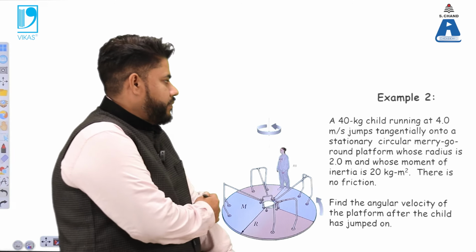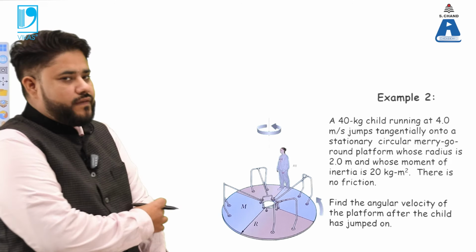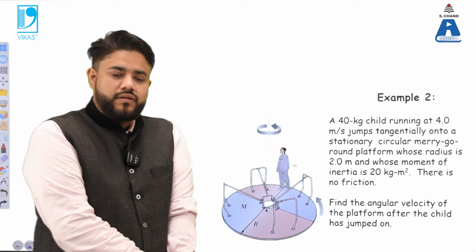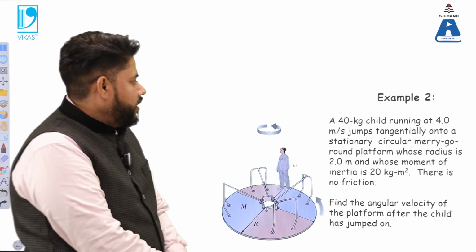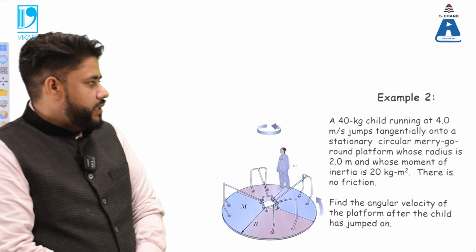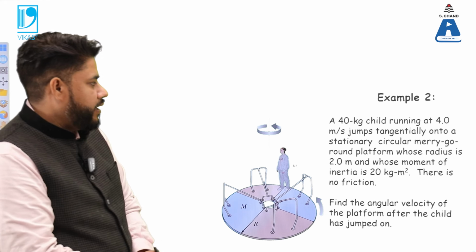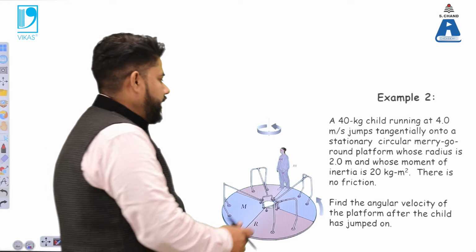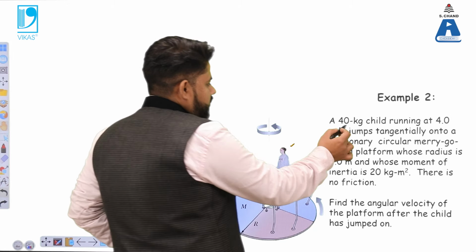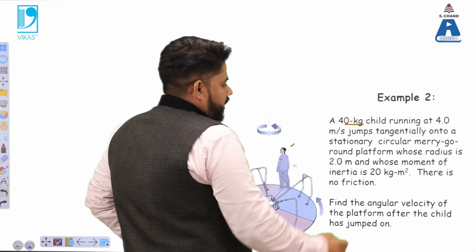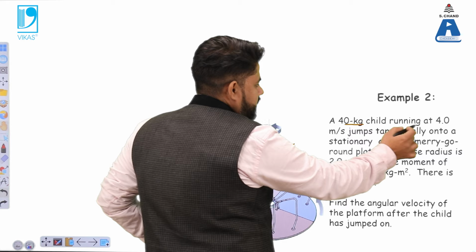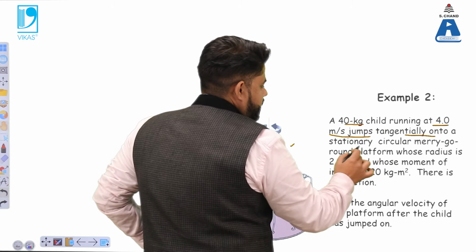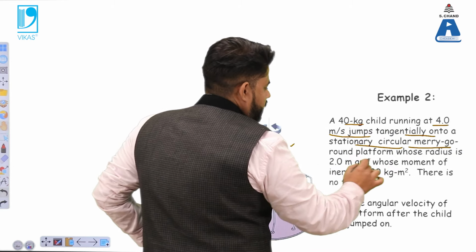Now we have an example. The earlier examples were for checking the case of angular momentum. This example is again a 3D case in which a child of 40 kg, running at 4 meters per second, jumps tangentially onto a stationary circular merry-go-round platform.